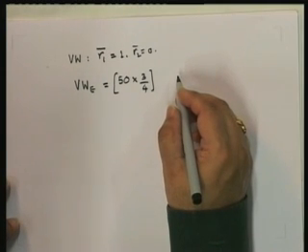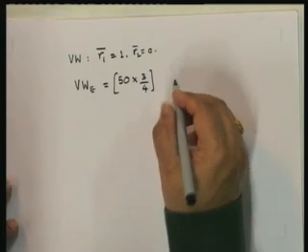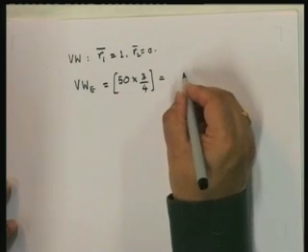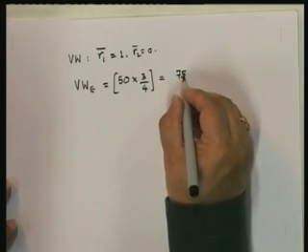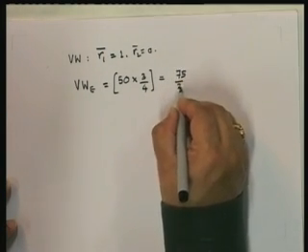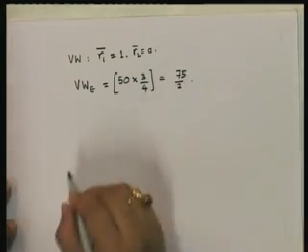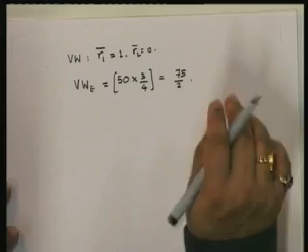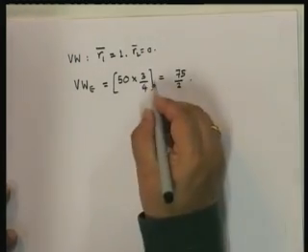There is no other external load which does work, so this is the only one, and this is going to be equal to 75 by 2. This is the external work.